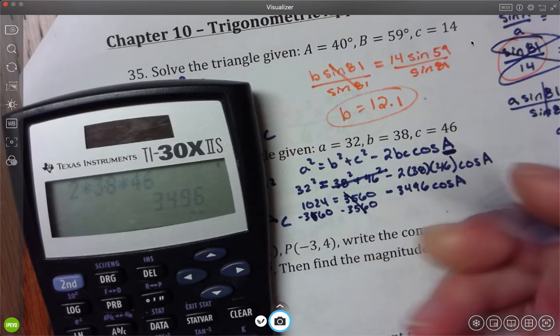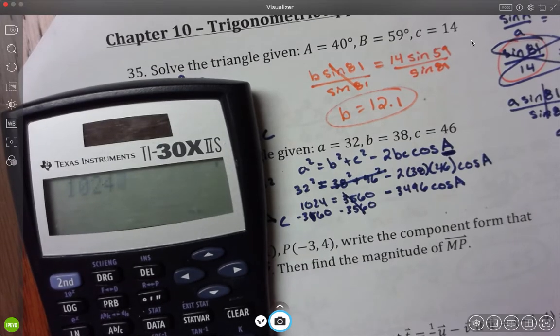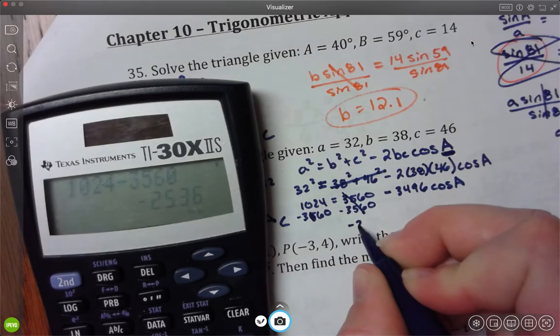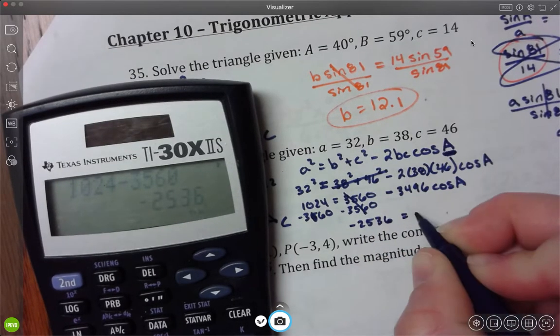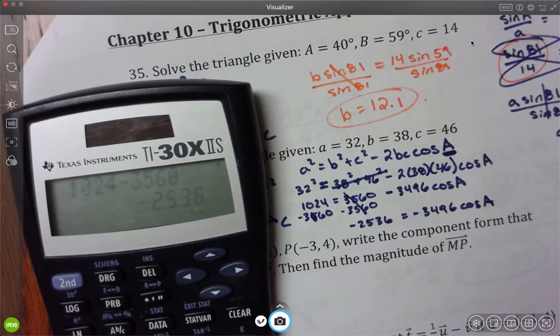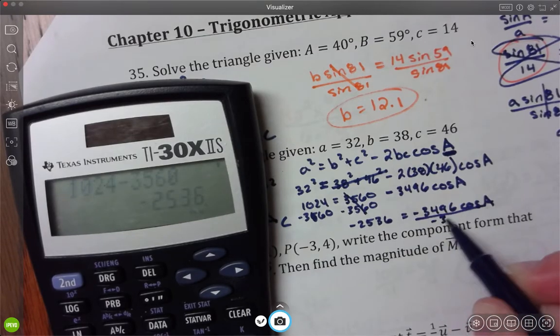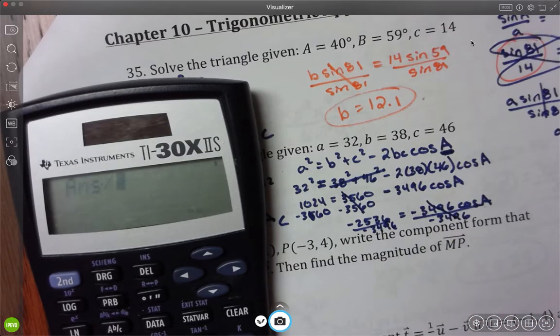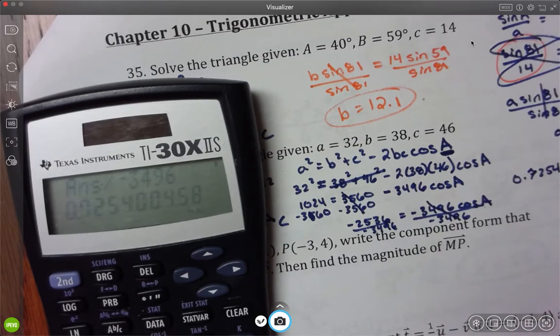So 1024 minus the 3560 ends up being negative 2536 equals negative 3496 cosine of A. At this point, I'm going to divide by negative 3496, and that is 0.7254, cosine of A. Then to get A by itself, I have to take inverse cosine of that.